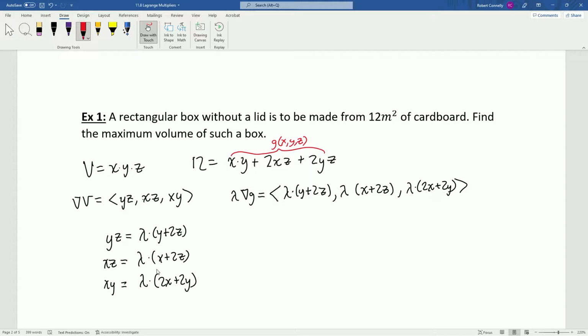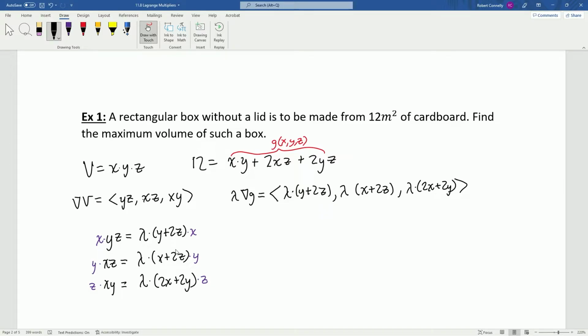So in this case, what I notice is I've got yz, xz, and xy. So all three of these equations, the left-hand side is really similar. I notice that if I multiply this by x, this by y, and this by z, now all three of my equations are equal to one another.